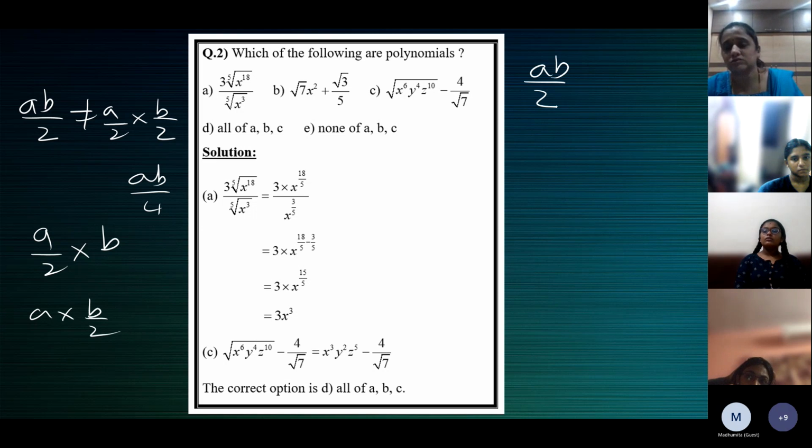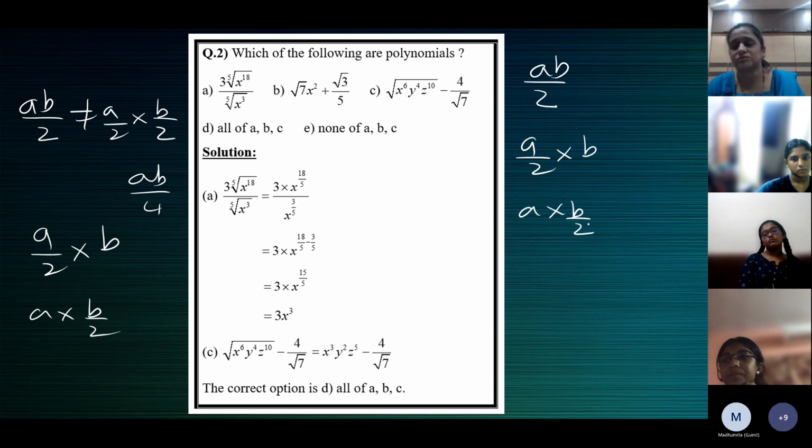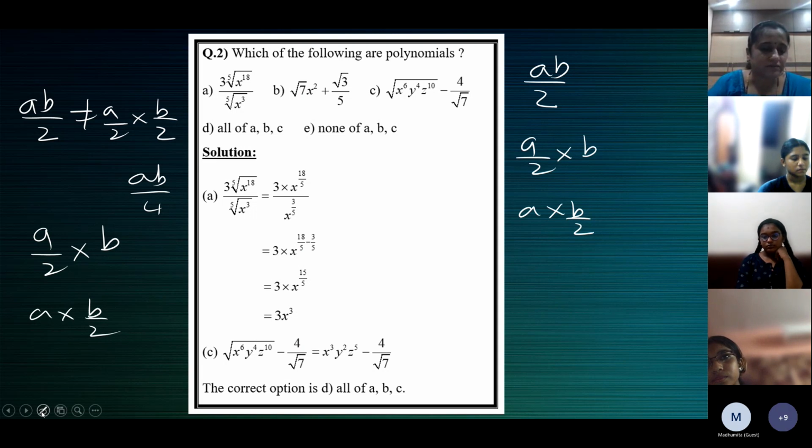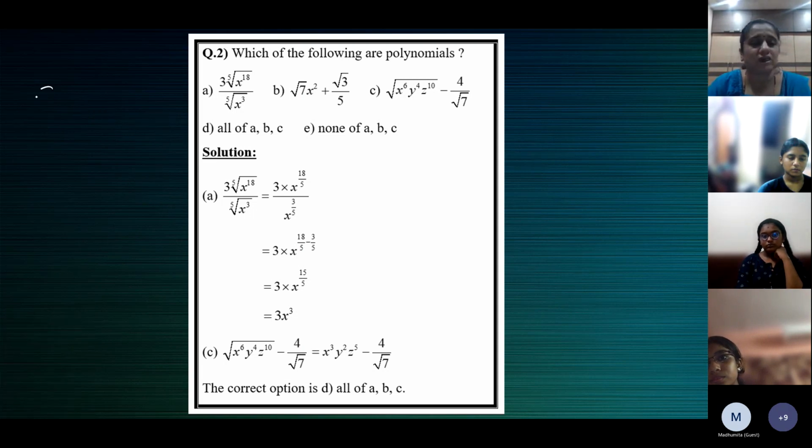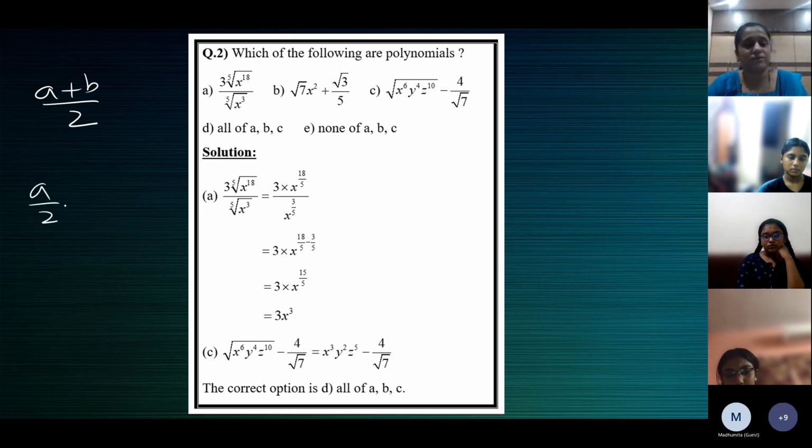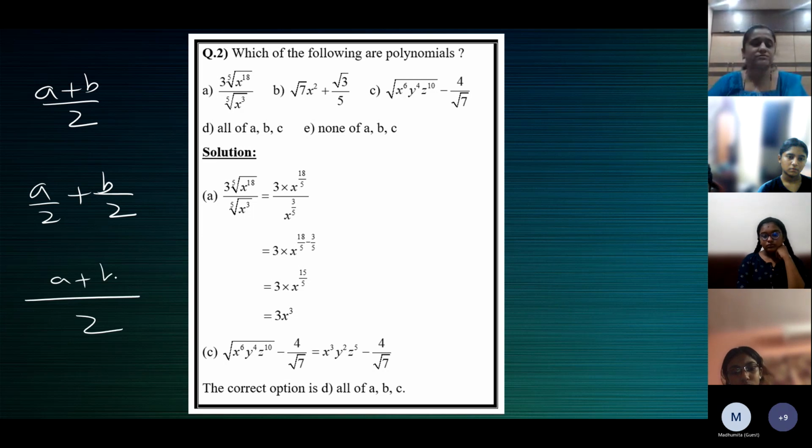But when you have a plus b by 2, it is a by 2 plus b by 2. LCM is 2, a plus b.